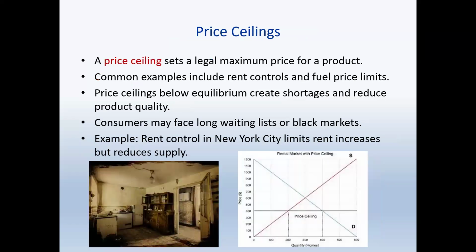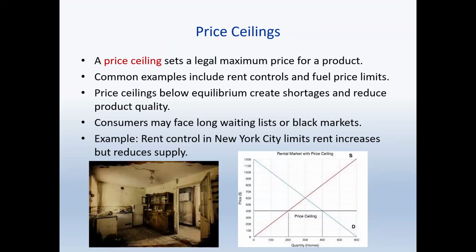The government could intervene by creating price ceilings and price floors. Price ceilings and price floors are two examples of price control when the government tries to influence prices in the market. A price ceiling sets a legal maximum price for a product. A common example of this is rent control and fuel price limits.